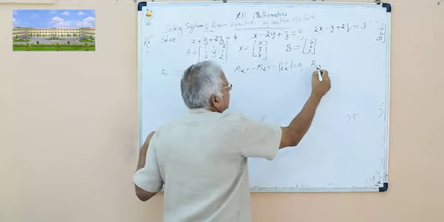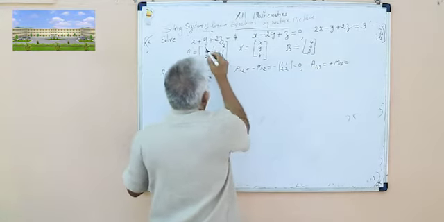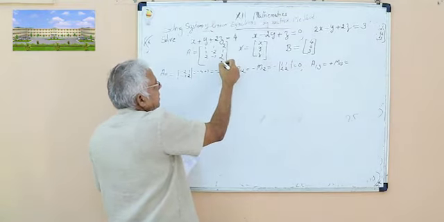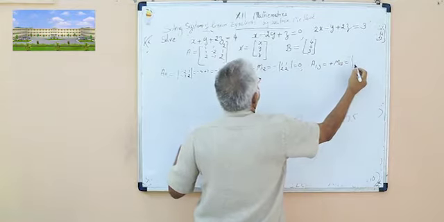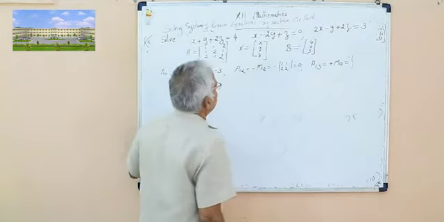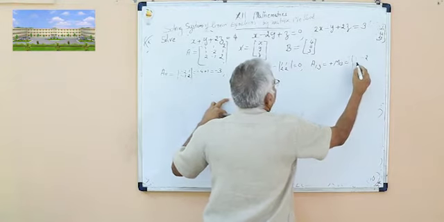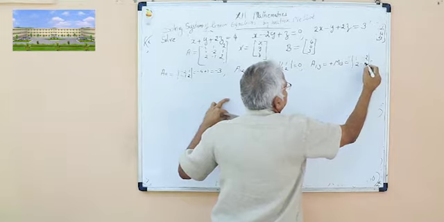A13 is equal to positive M13. Delete the first row and third column. Then we get 1 into minus 1 minus 2 into 2, which is positive 3.